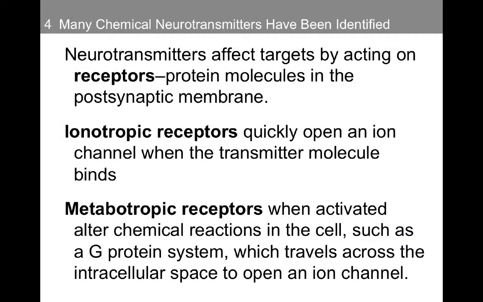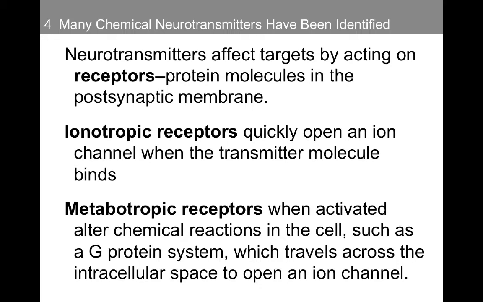So neurotransmitters affect targets by acting on receptors, and receptors are protein molecules in the postsynaptic membrane primarily. We can also have them in the presynaptic, but classically we think of them as being in the postsynaptic. Now, ionotropic receptors quickly open an ion channel when the transmitter molecule binds, whereas metabotropic receptors alter chemical reactions in the cell.